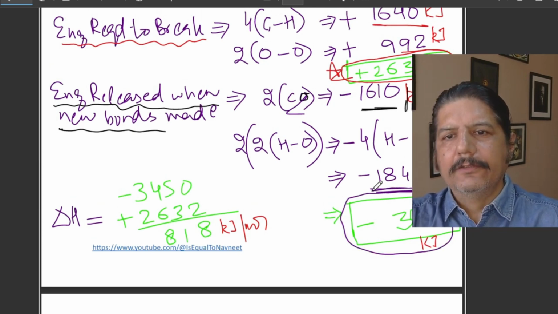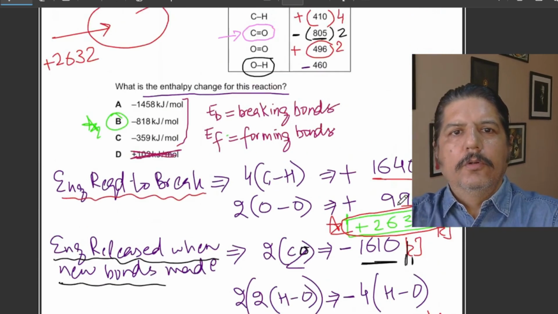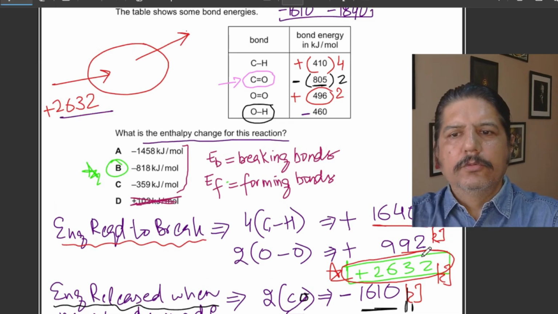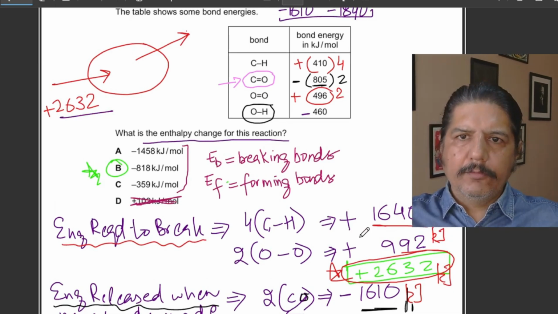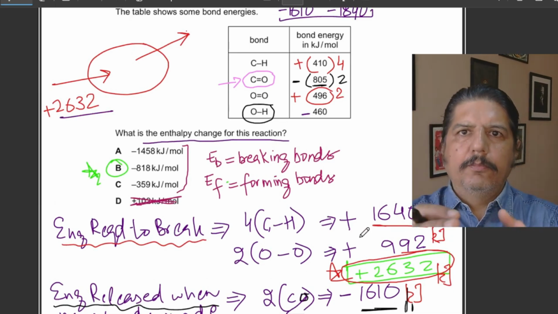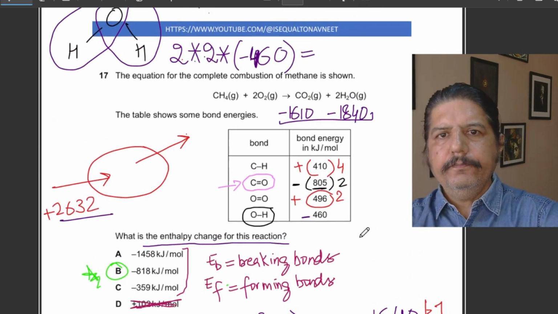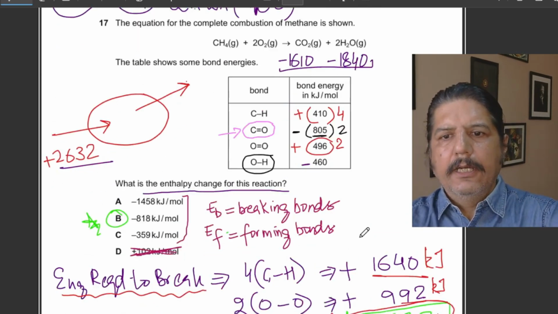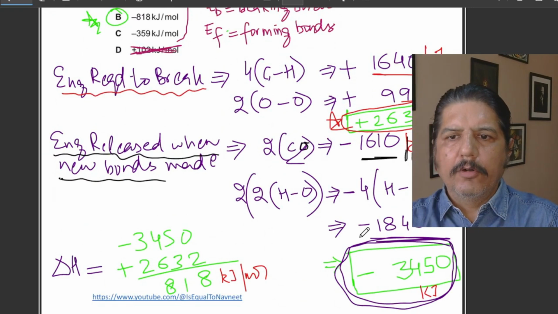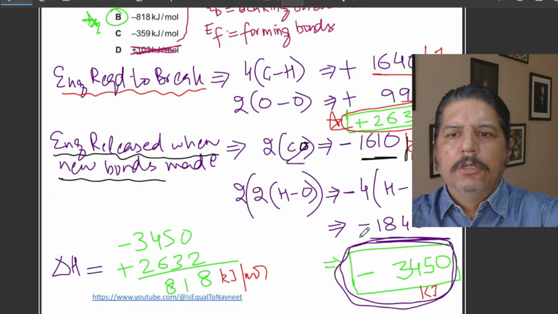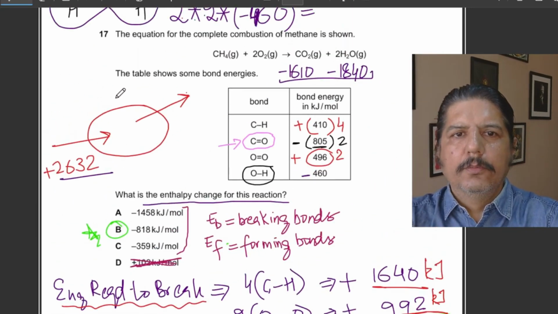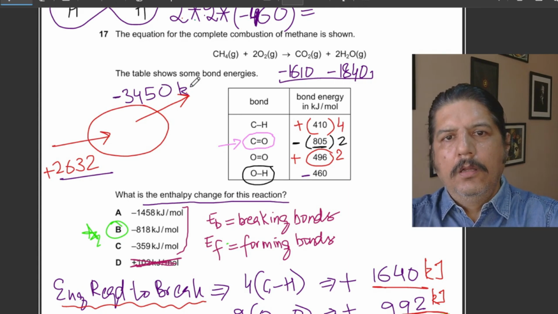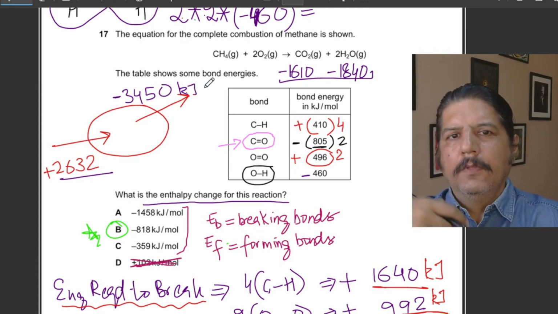So in our system, 2632 was the energy that was required to break the bonds of the reactants. And when the products are formed, minus 3450 kilojoule of energy is released.